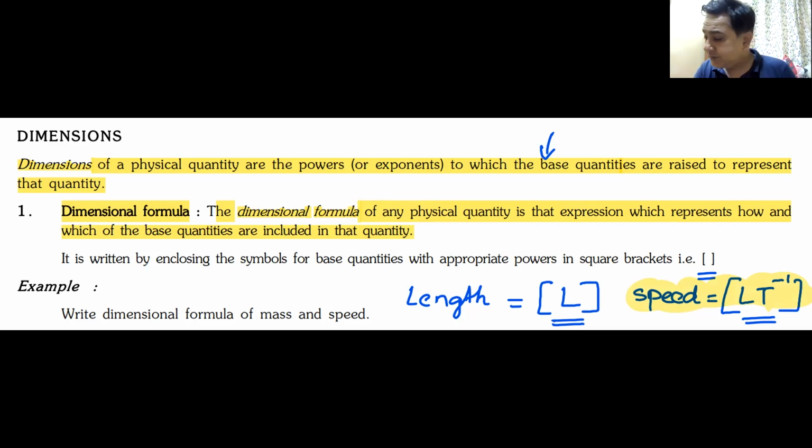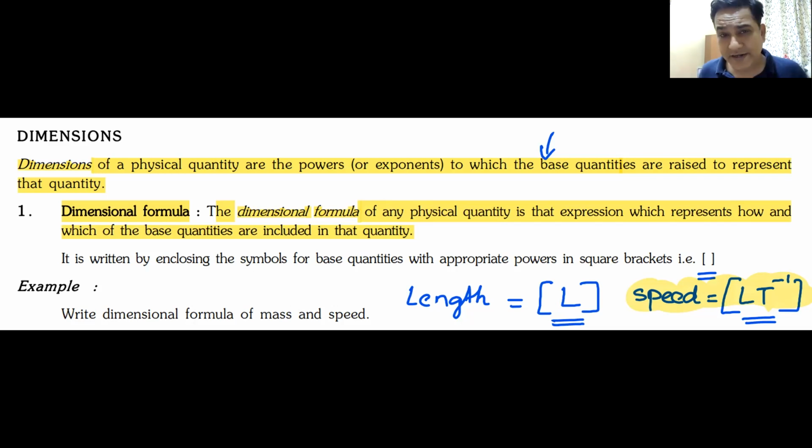This is how we understand what a dimensional formula is. To make the dimensional formula of any physical quantity, you must know how that physical quantity is derived, what all quantities it has.